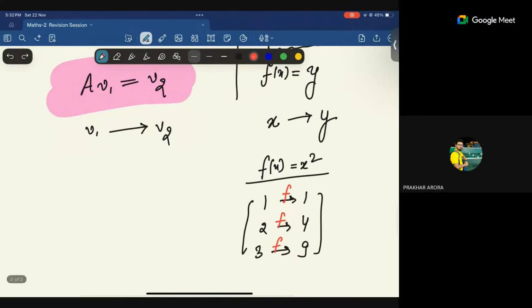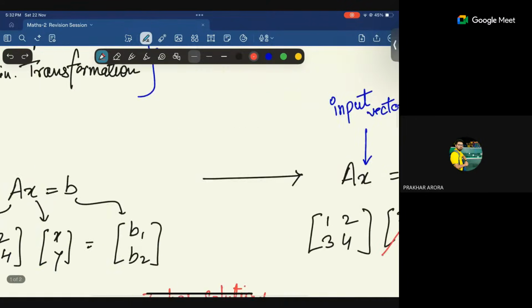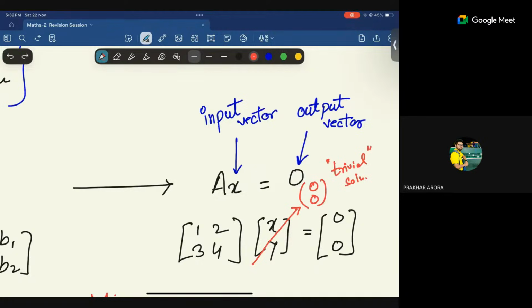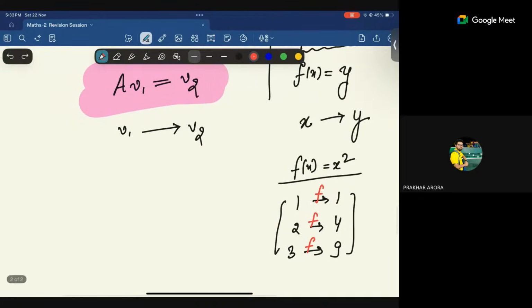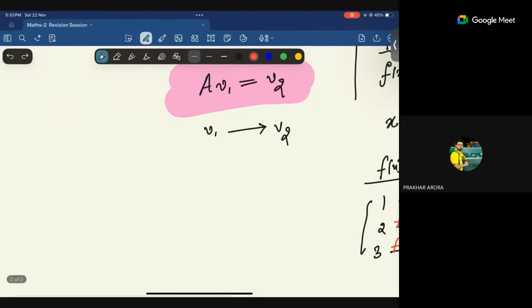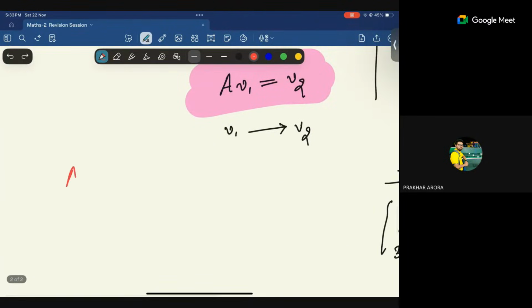Now coming back here, I said something about input vector and output vector, and that these terms will come when we study linear transformations. This is the time where we study linear transformations. So A v1 equals v2.